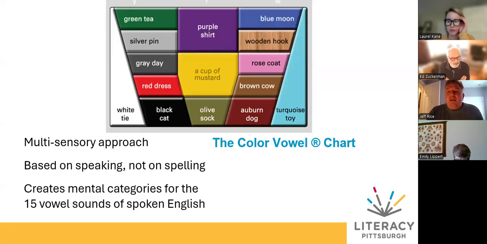So again, the main takeaway, I think, is that it's this multisensory approach. We talk about how people are much more likely to recall what they learn when there's multisensory input. So the colors, the sound, the rhyming, the actually putting words into categories, which you can do physically with flashcards or pictures if you like to.